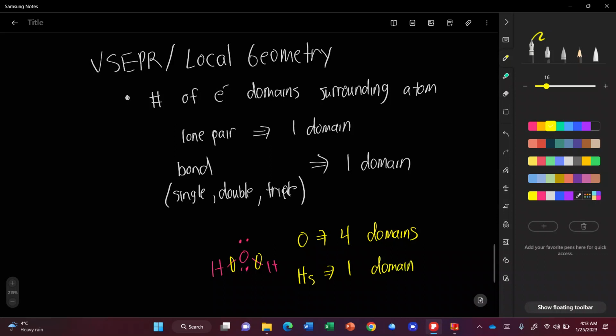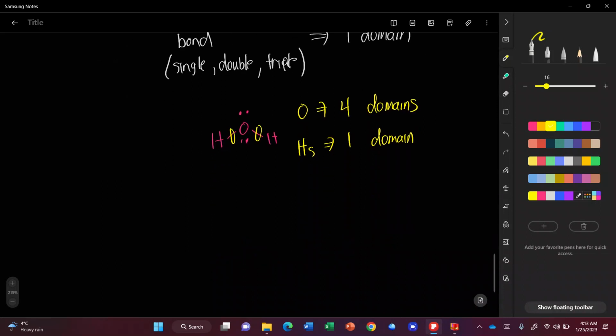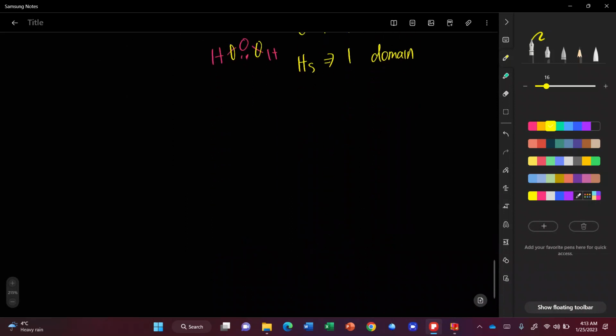Alright, so once you know how many domains something has, it's actually very easy to figure out what the geometry of that would be. And geometry is going to become really important in some of the mechanisms you guys are going to do. So if something has only one or two domains, it is going to be linear.